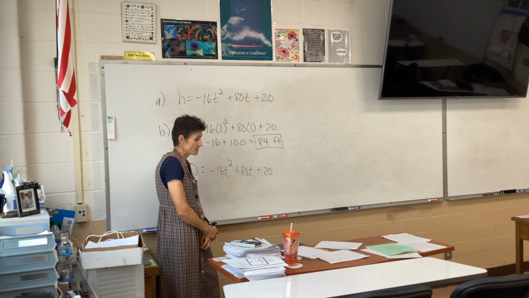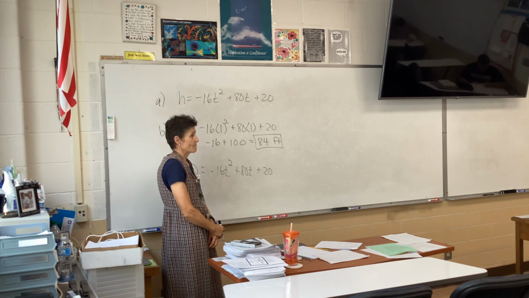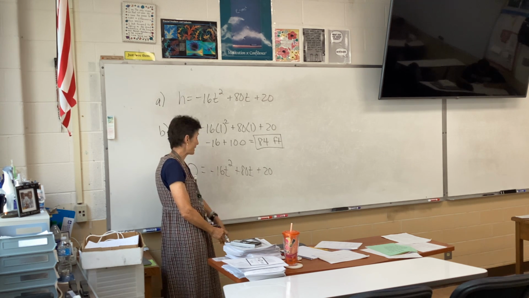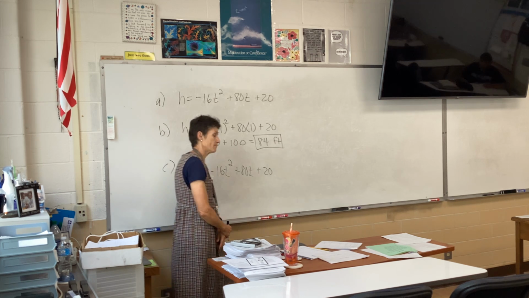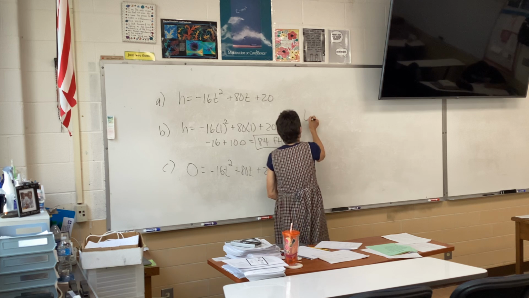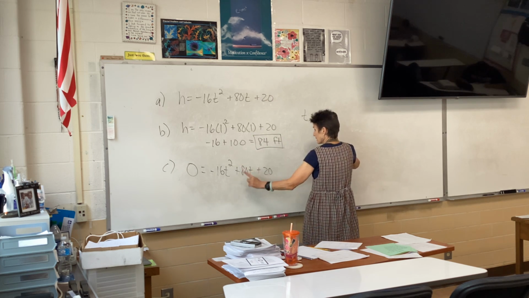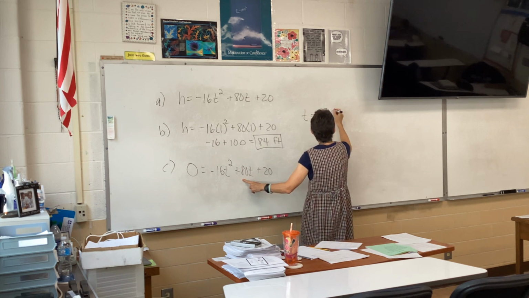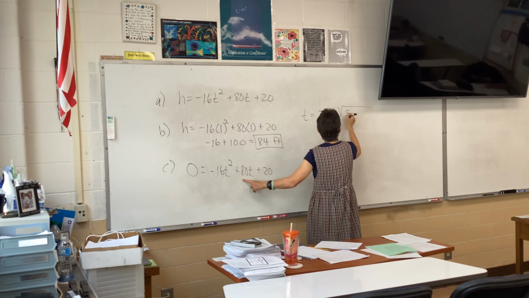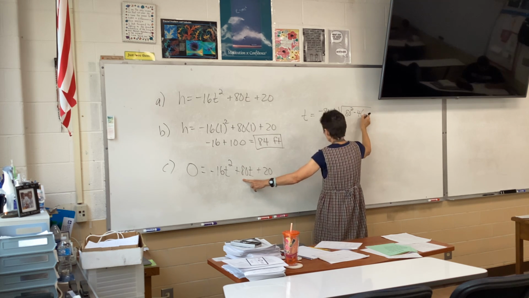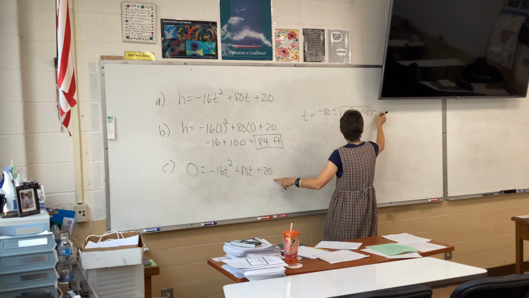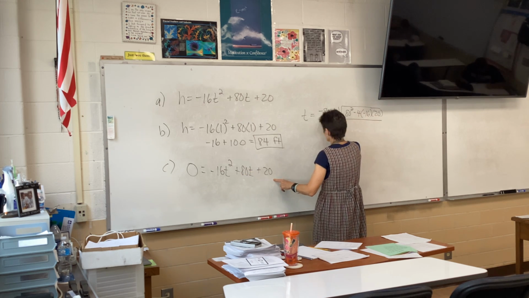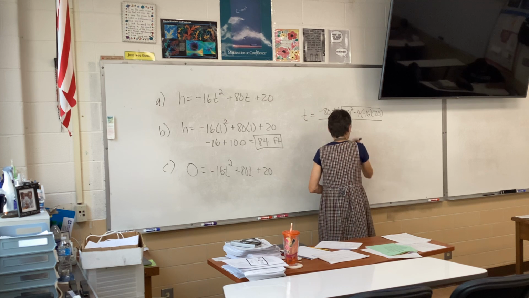We'll stop after this one. Let's solve it. How do you want to do that? How do you want to solve that equation? Quadratic formula, absolutely. So t equals -b plus or minus the square root of b squared minus 4ac over 2a.